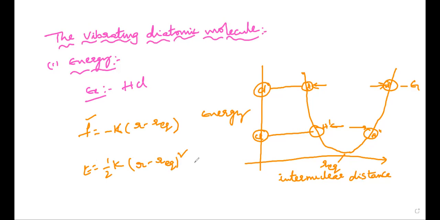So this model of the vibrating diatomic molecule, the so-called simple harmonic oscillator model, while only an approximation, is an excellent starting point for the discussion of vibrational spectra. The simple harmonic oscillator.